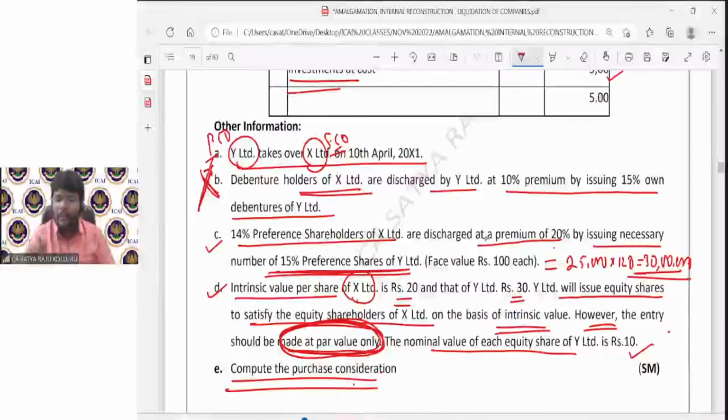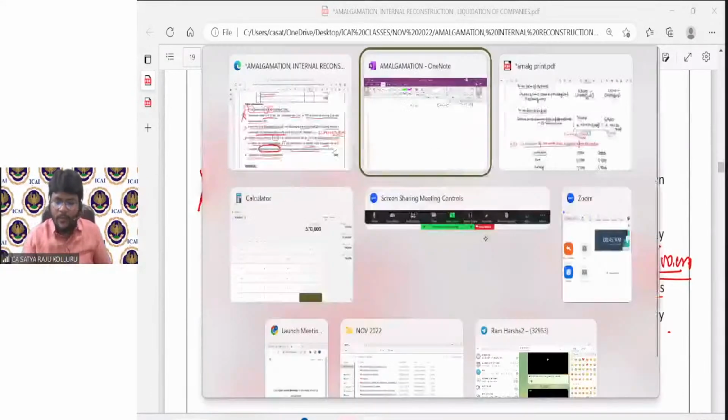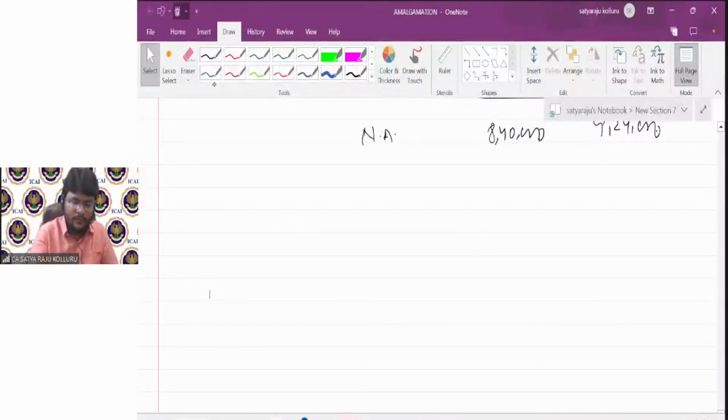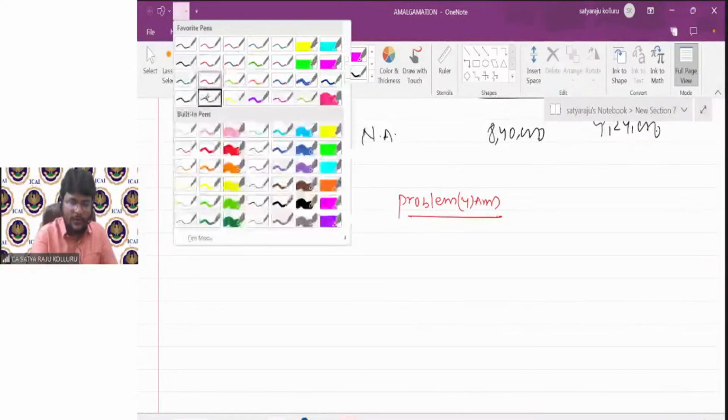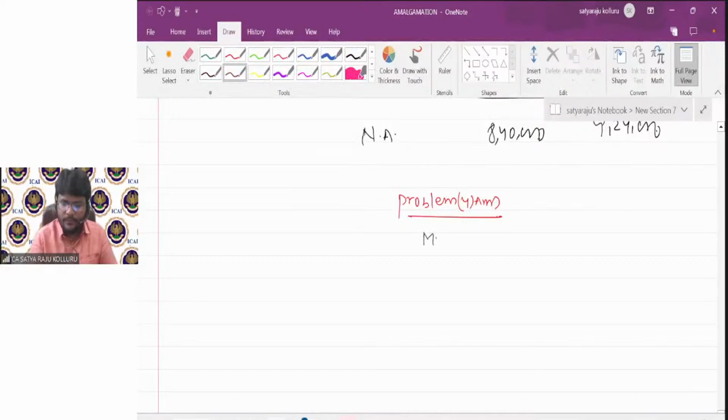So first of all, let me check the same problem with one note. Once again, I'll read the problem for the required information one by one. All of you, please come here. Problem number 4. So again, the method of PC is net payments method only.